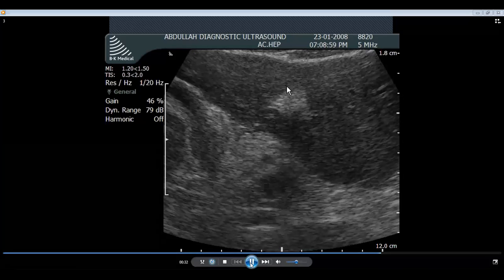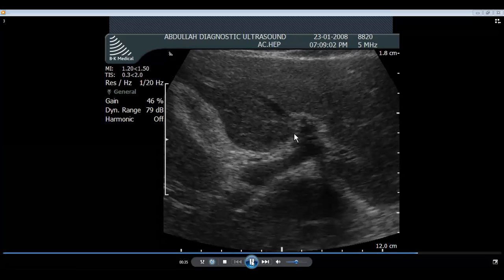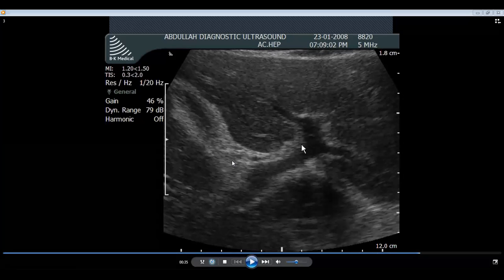So when there is this edema of the portal venous walls, as you can see here, this we will find in acute hepatitis. This we will find in acute hepatitis, and this is called periportal edema.